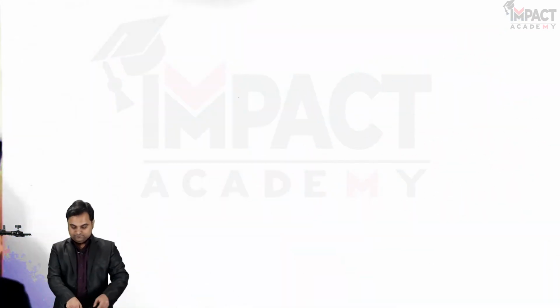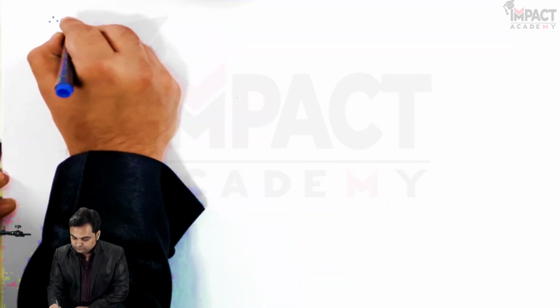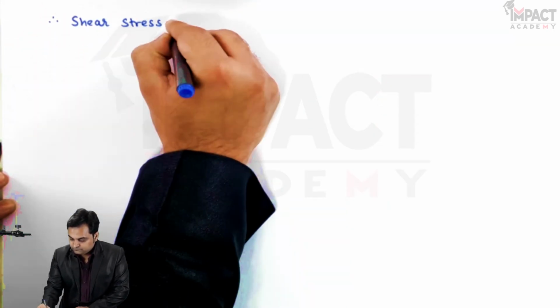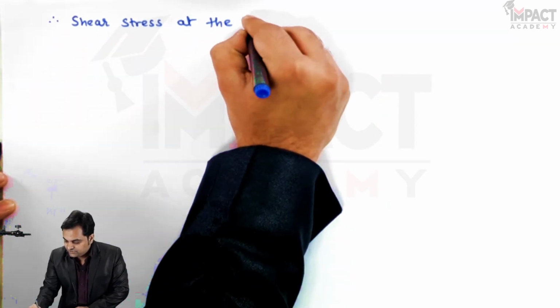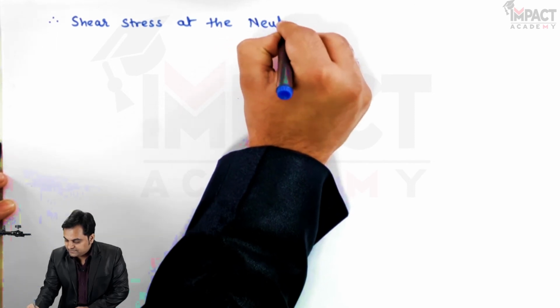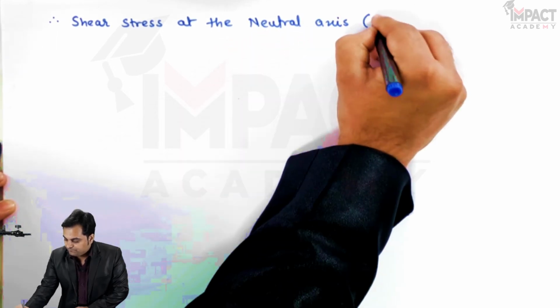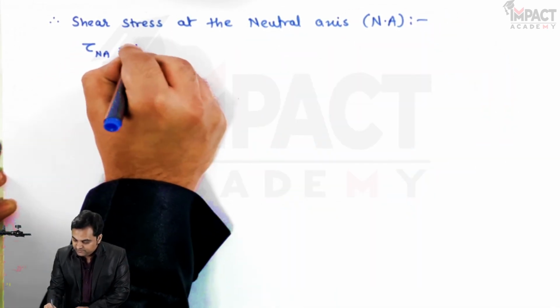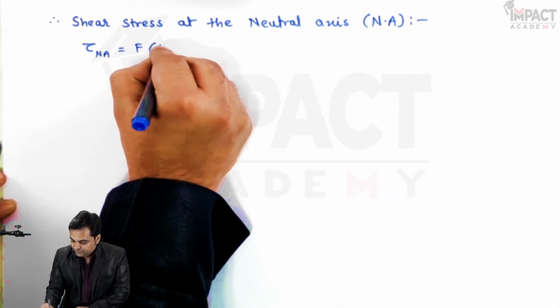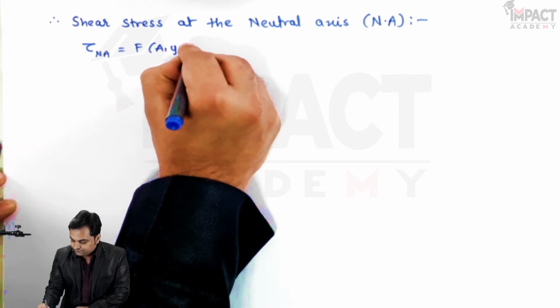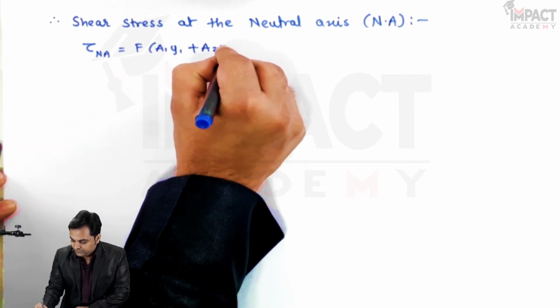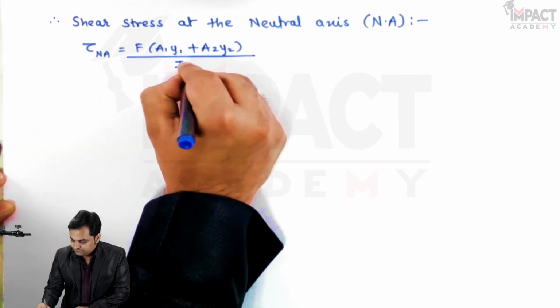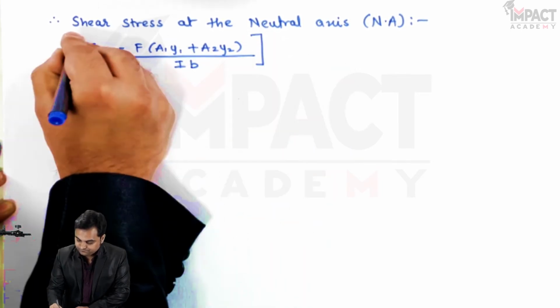So therefore shear stress at the neutral axis is given by, the formula is F into A1 Y1 plus A2 Y2 upon IB.